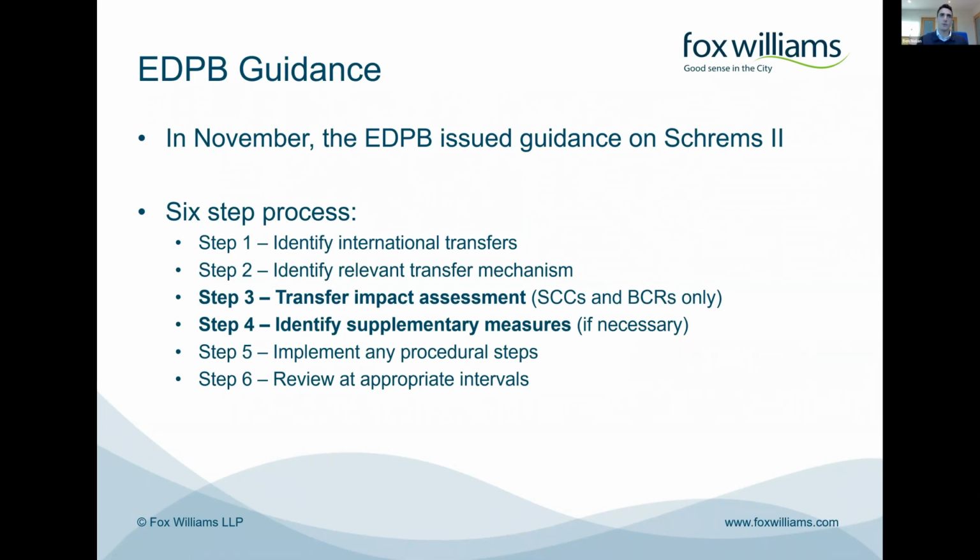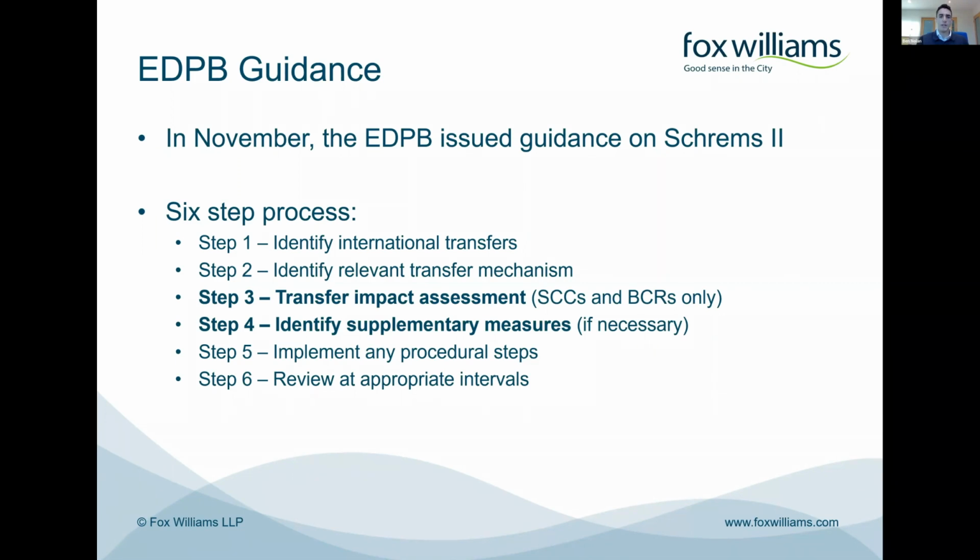The fourth step, which will apply depending on the results of the transfer impact assessment that you undertake, involves identifying any supplementary measures that are needed to ensure the additional level of protection. And then the fifth step is a procedural step of actually implementing those supplementary measures. The last step involves reviewing transfers at appropriate intervals.